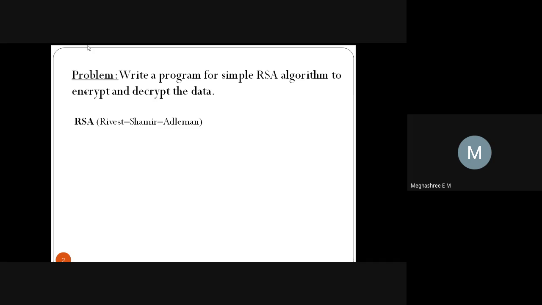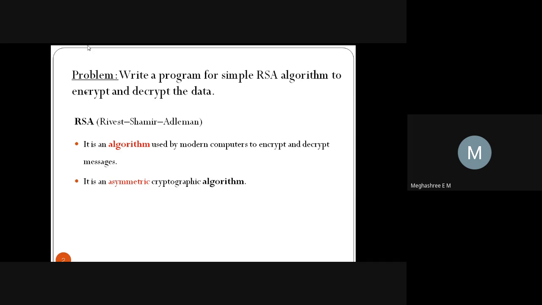So RSA stands for Rivest Shamir Adleman. These are the scientists who designed this algorithm. As you know, RSA is a very popular encryption and decryption algorithm used in modern computers to encrypt our data, or decrypt the data.